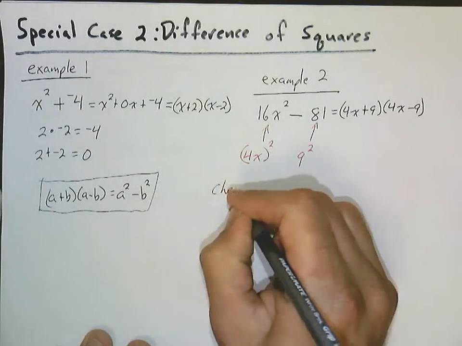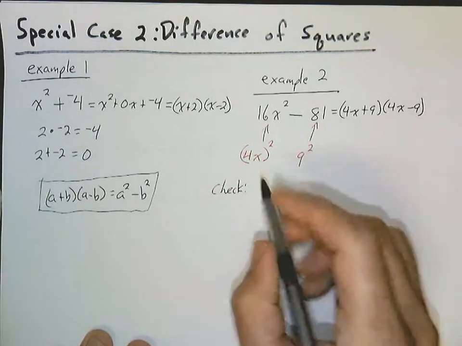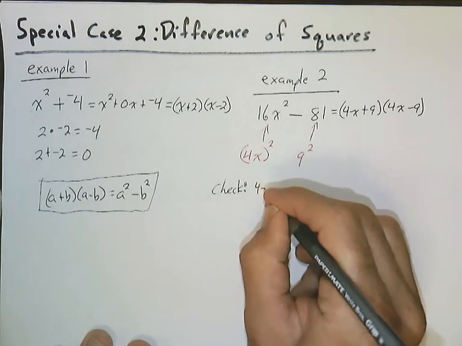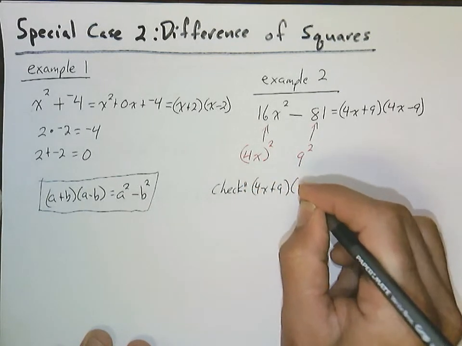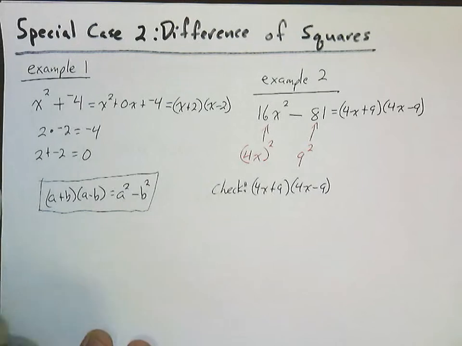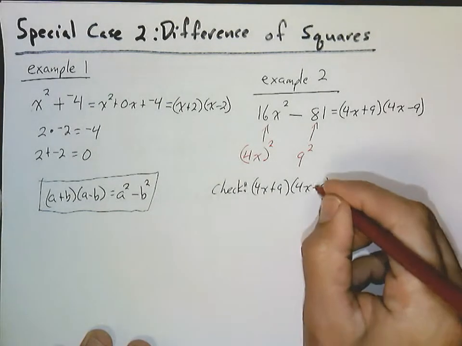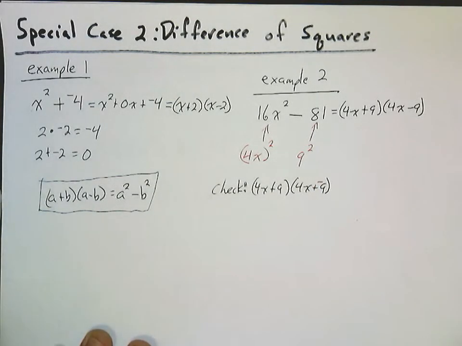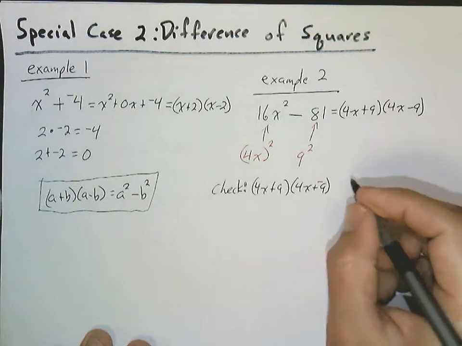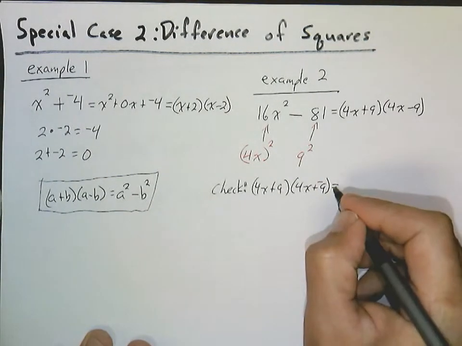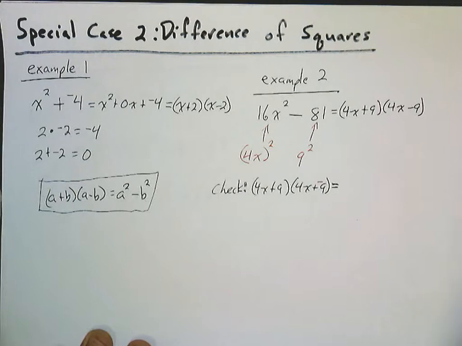And of course we can always check our answer just to see if it actually works. We've just multiplied this out again. 4x plus 9 times 4x minus 9, or really 4x plus negative 9. I just like that because it means I don't have to deal with any subtractions.